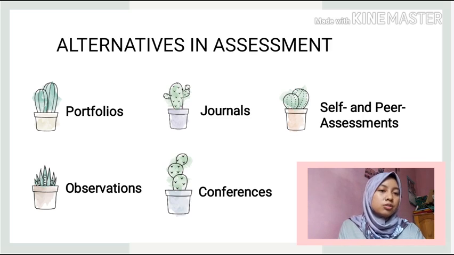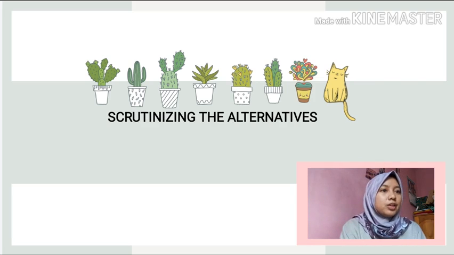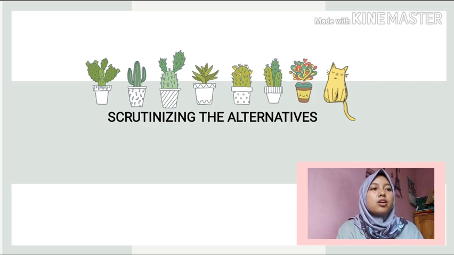Self-assessing reading habits and setting goals. Okay, and the last is scrutinizing the alternatives. After considering some of the alternatives just discussed, two factors are worth noting, namely maximizing practicality and reliability in procedures, and focusing on students' actual language performance.